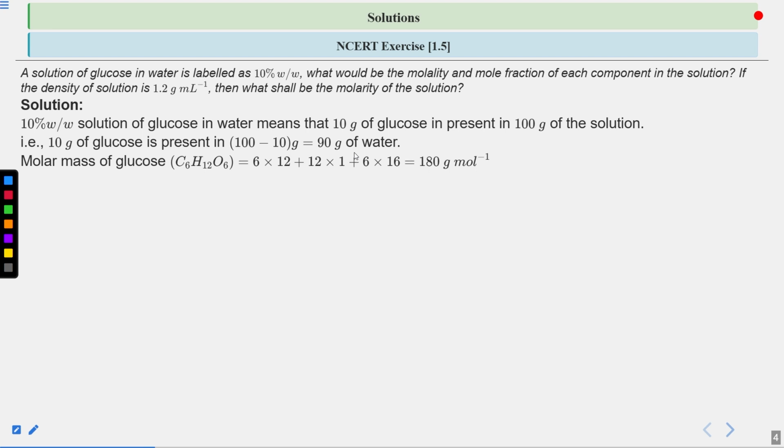Our next goal is to calculate the molality. For that, we need the number of moles of glucose. The molar mass is 6 into 12 for carbon, 12 into 1 for hydrogen, and 6 into 16 for oxygen, which gives 180 gram per mole.